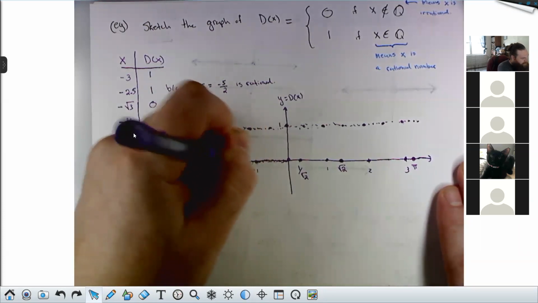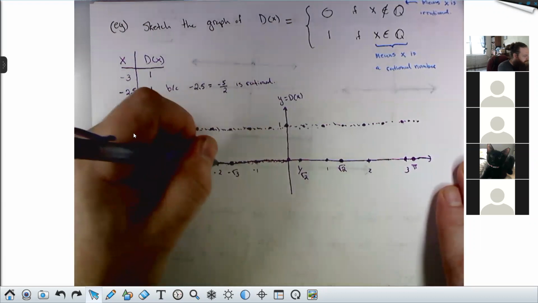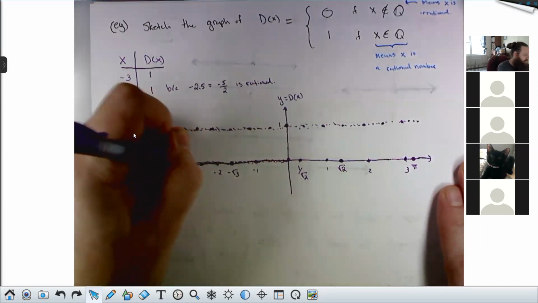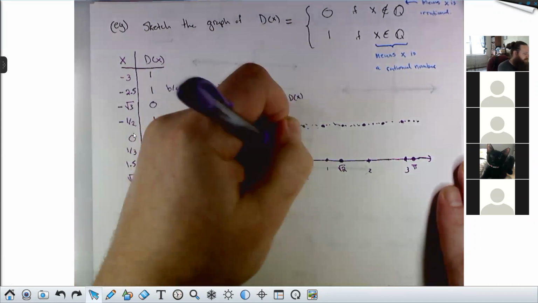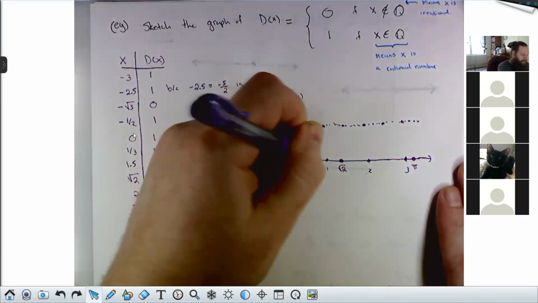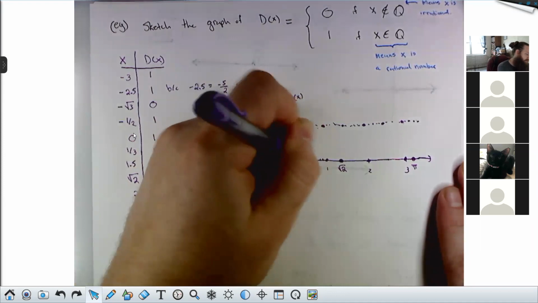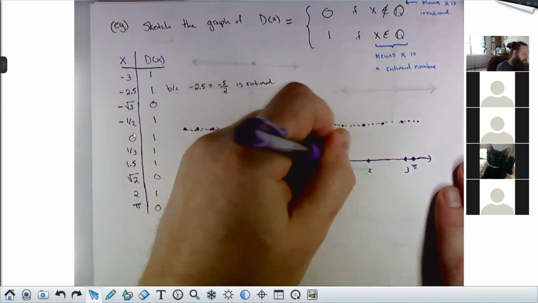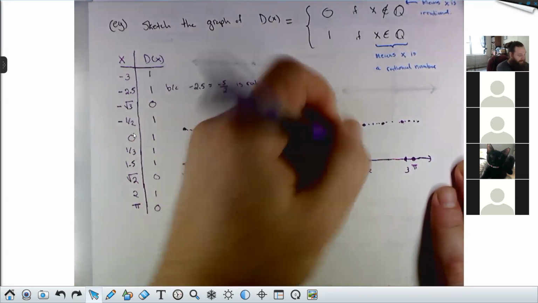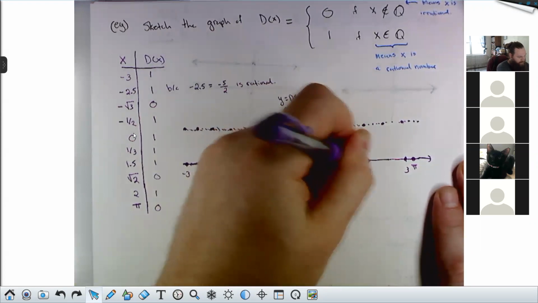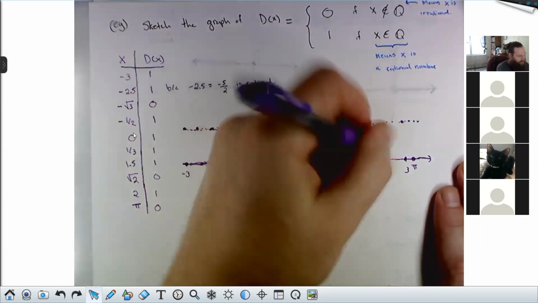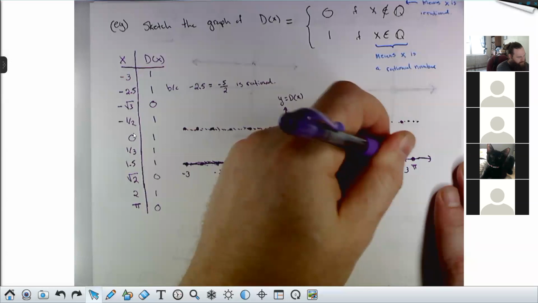A fun fact about the real numbers, we said before that between any two real numbers, there's infinitely many other real numbers. You can actually take that statement a little bit further. Between any two real numbers, there are infinitely many rational numbers. And between any two real numbers, there are infinitely many irrational numbers.